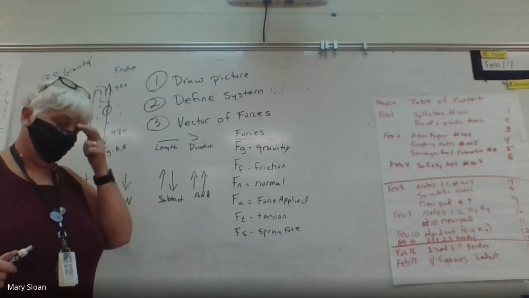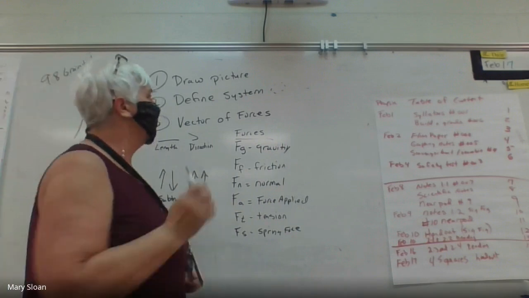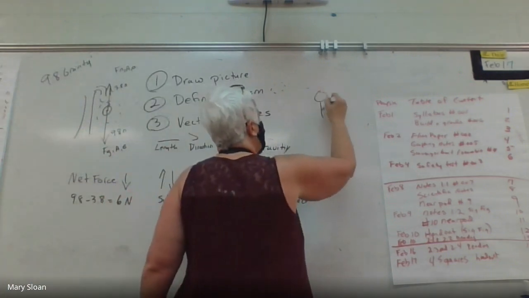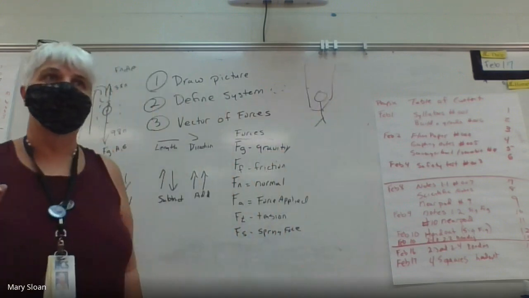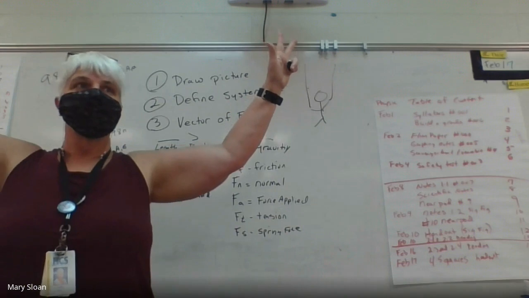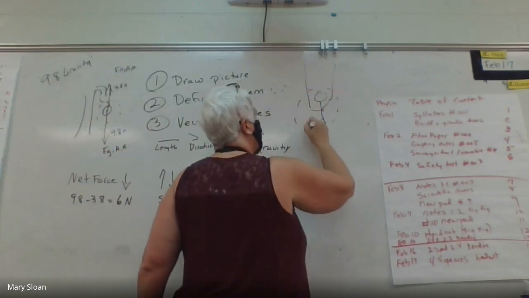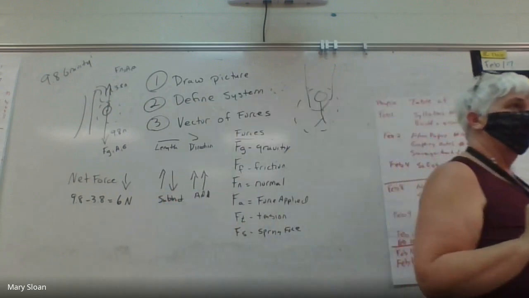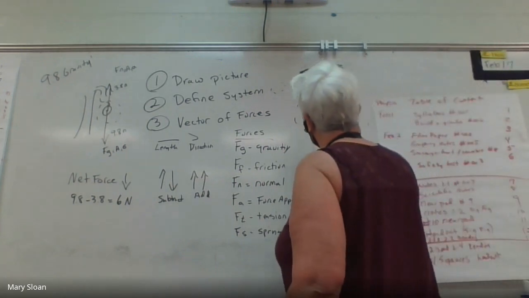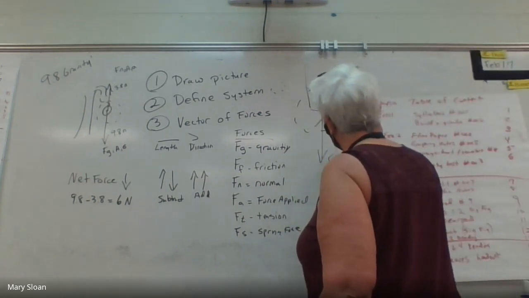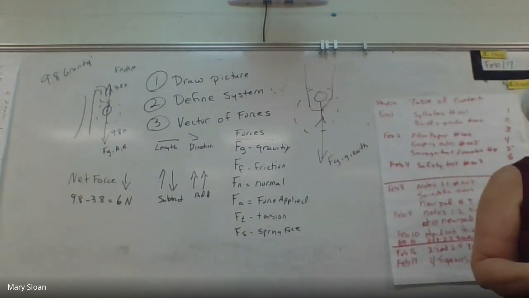One more question. If we were diagramming another system, let's say a girl is hanging by a rope, with both arms. So the girl is our system. What is the force that's going down? Force gravity on the girl by the earth. What force is keeping her up?